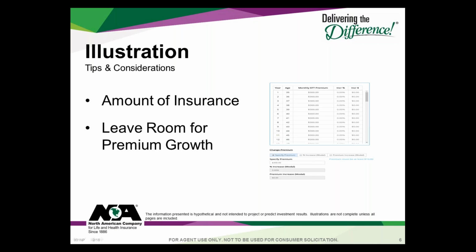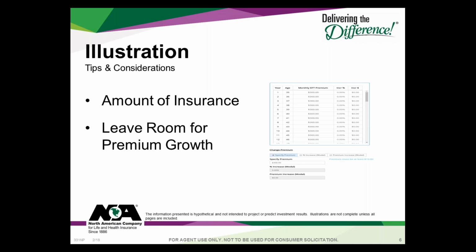And the other tip I would have on this is maybe just the idea of show both. Just run 2 illustrations. How much extra time does it take to run 2 illustrations instead of 1? So you run 1 illustration that you would have run. Maybe that's the level premium, $300 a month, in this example, I guess we've got a 35-year-old, 35 to 65. Run that $300 a month for 30 years and then show the income stream.